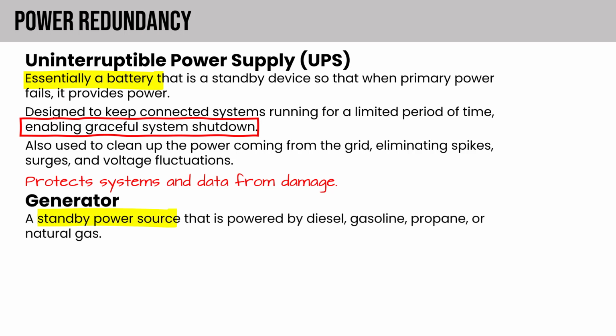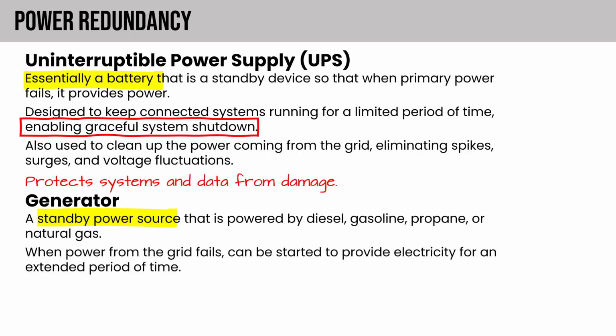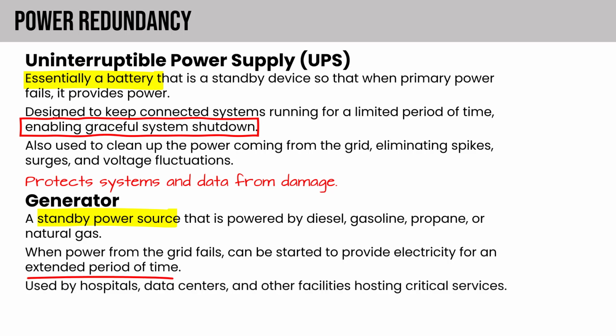So a power generator. A generator, by comparison, is a standby power source that is powered by diesel, gasoline, propane, natural gas, or potentially other fuels. And when the power from the grid fails, it can be started to provide electricity for an extended period of time. Generators are used by hospitals, data centers, and other facilities hosting critical services.